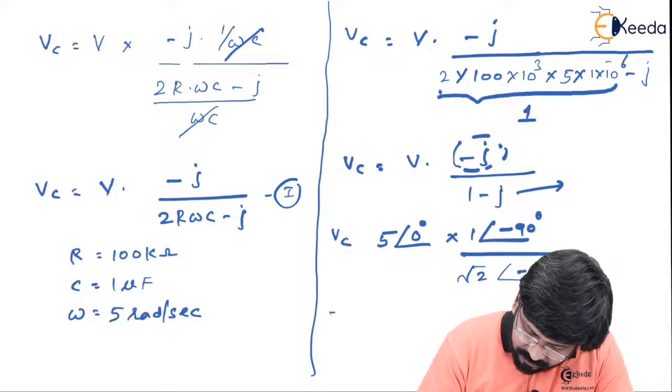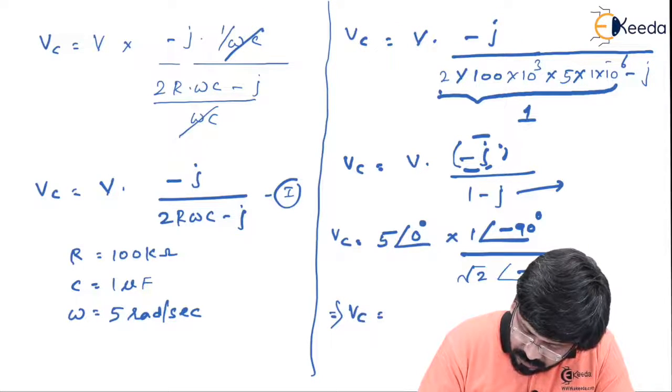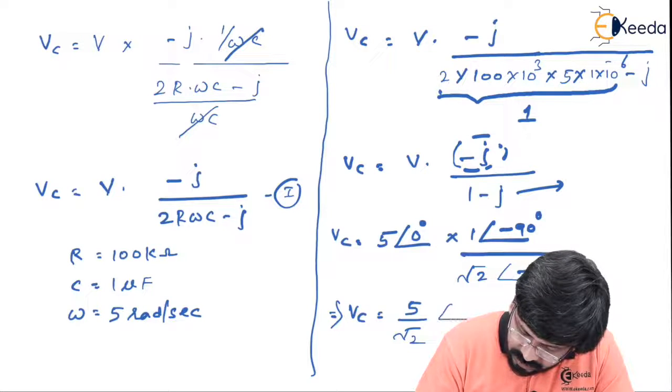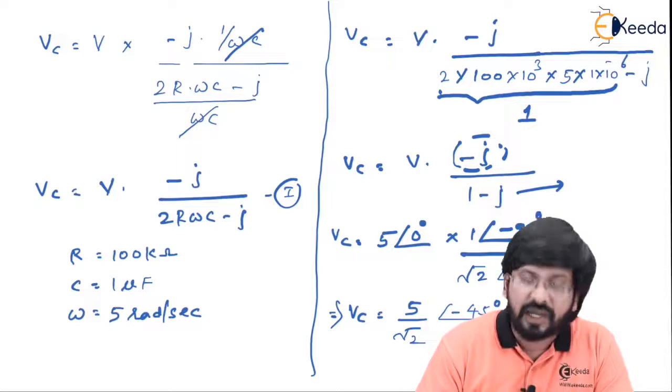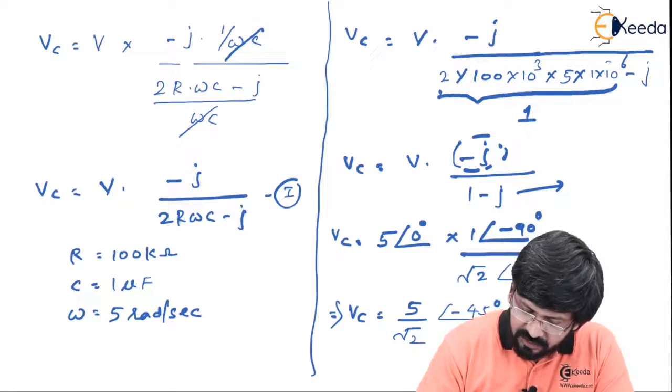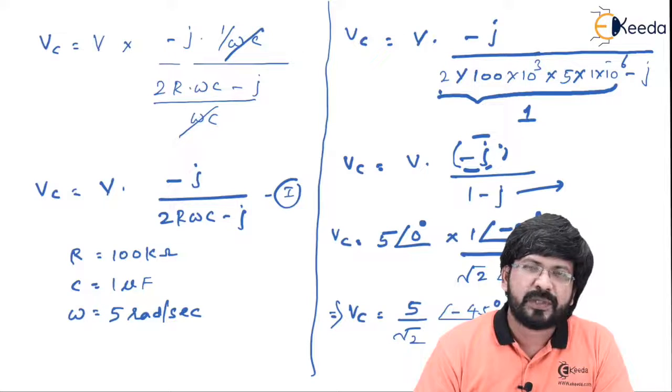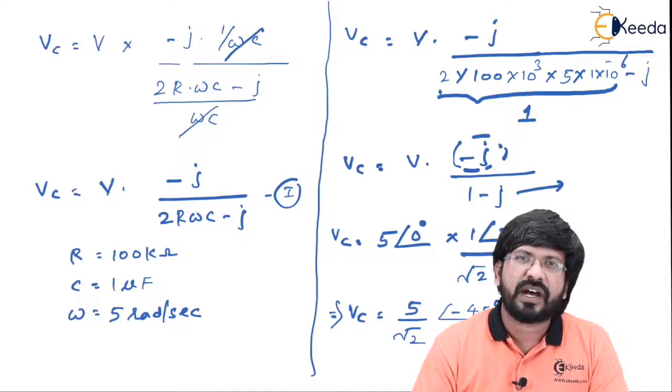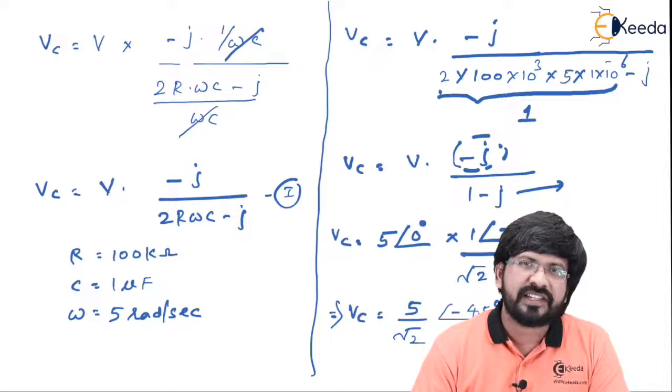So if you solve this, you'll get Vc equal to 5 by root 2 at an angle of minus 45 degree. How is the angle minus 45 degree? We know that when multiplication takes place in polar values, angles get added, whereas when polar values are divided, their angles get subtracted.